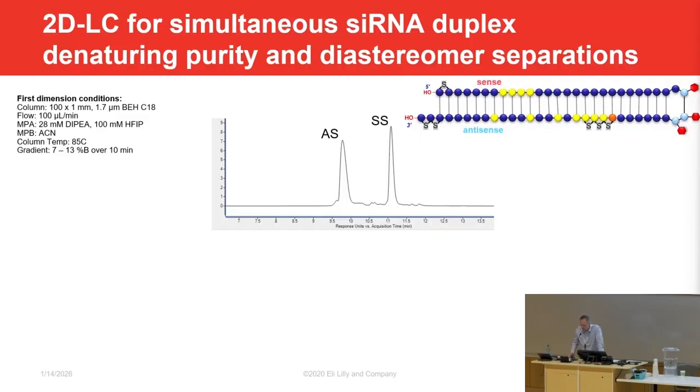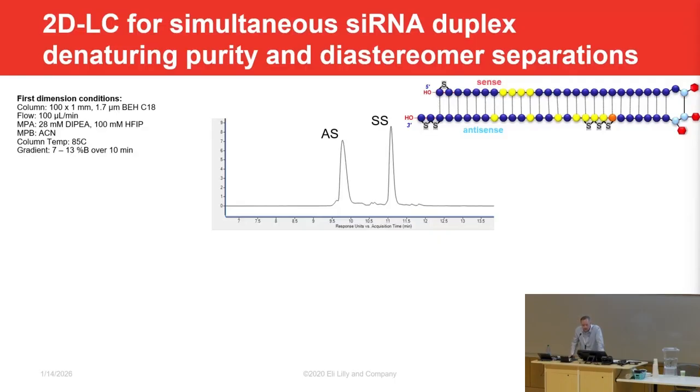So analytically, we need to be able to separate the diastereomers and say, yep, it's the same profile batch to batch from a QC perspective. There are a couple of different advantages of applying 2DLC for both purity and diastereomer separation. One is that it can speed up our analysis with this multi-attribute method.